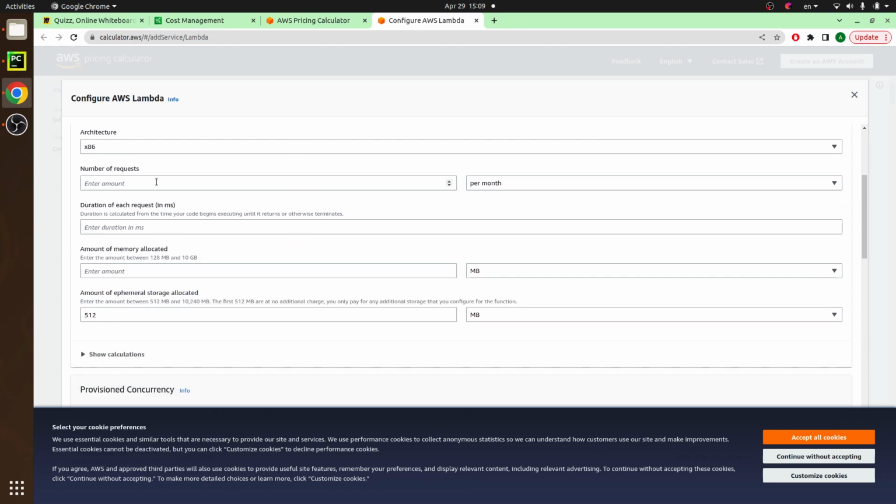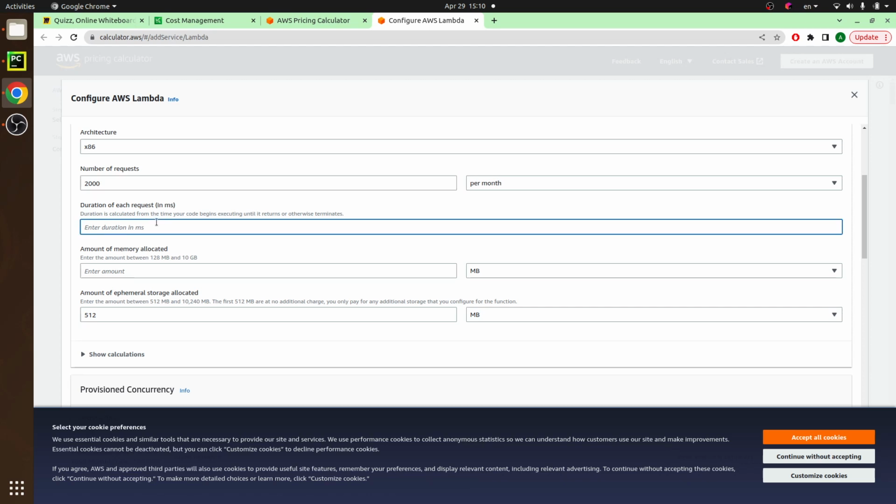Number of requests. I can't estimate it, but let's say there are 2000 requests because our application is kind of efficient. And if we run, let's say, 20 quizzes, there won't be more than 100 requests per quiz on average.